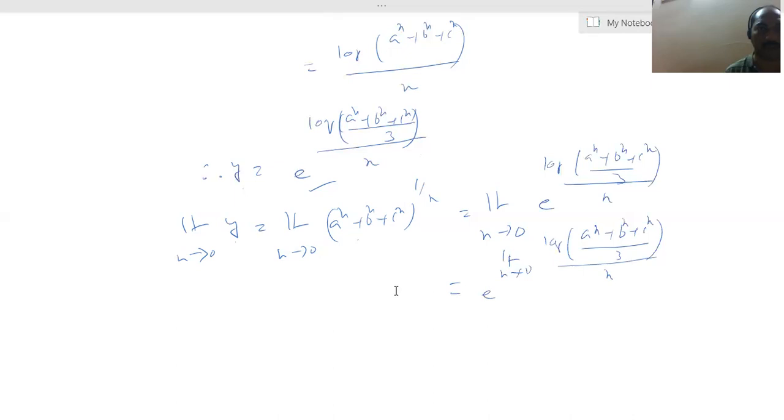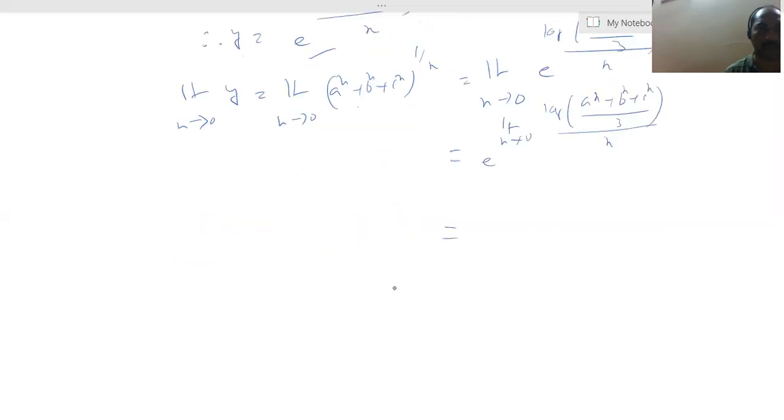Substituting this limit, we get 0 by 0: e power log of (a power 0 plus b power 0 plus c power 0 by 3) by 0, which is log 3 by 3 by 0. 3 by 3 means 1, log 1 means 0, so it is 0 by 0, an indeterminate form.